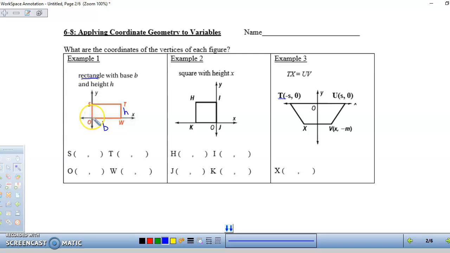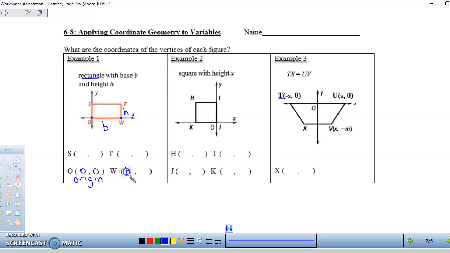Okay, so the easiest one is this 0, 0. So O is at 0, 0. That is also called the origin, if you remember that from middle school. Okay, so let's start with W here. If I want to get to point W, I'm going to go across b and up 0. So across b and up 0.